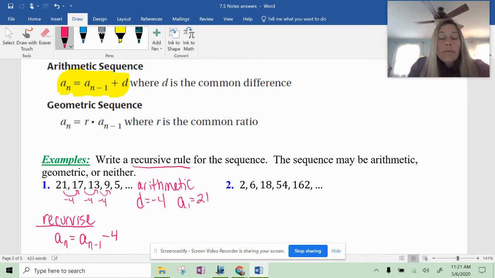Now, that's the recursive rule. However, whenever you write a recursive rule, it's useless unless you provide something for the user of the rule to start with. So if your rule has an n minus 1 in it, then you need to provide that person or that reader with the A sub 1.